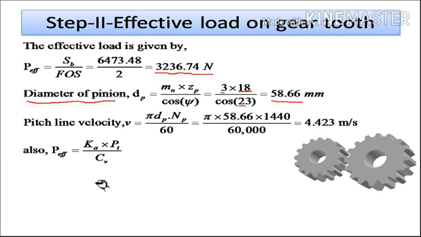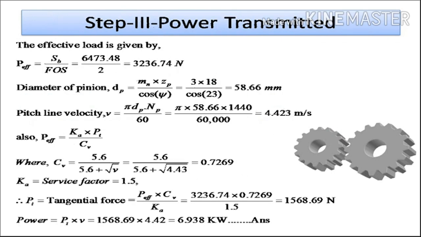Now once I get this velocity, I will try to get the effective load by using the velocity factor method. So P effective will be equal to K into PT by CV, because in this expression my aim is to calculate this PT. First you have to calculate the value of CV.